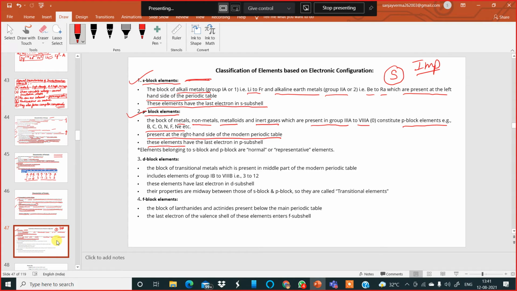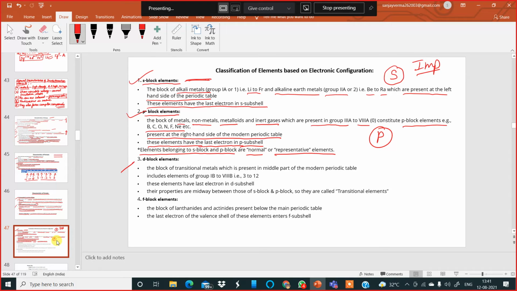These elements have the last electron entering the P subshell. Now elements belonging to S block and P block are generally known as normal elements or representative elements because they represent their characteristics truly to their position or location in the modern periodic table.